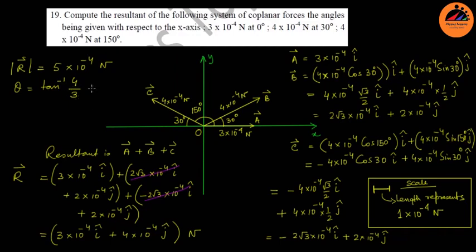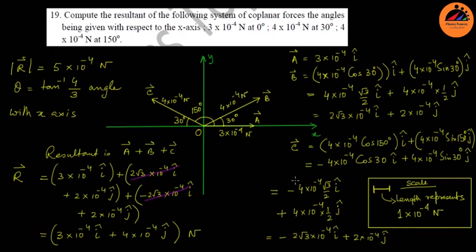So that's angle with x-axis. I recommend you to always take a frame, represent all the vectors in components with respect to that frame, then add the components. That's the best way to do it. You will not make any mistake. Fine.